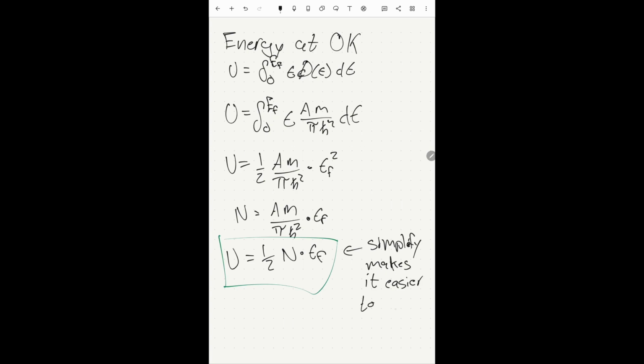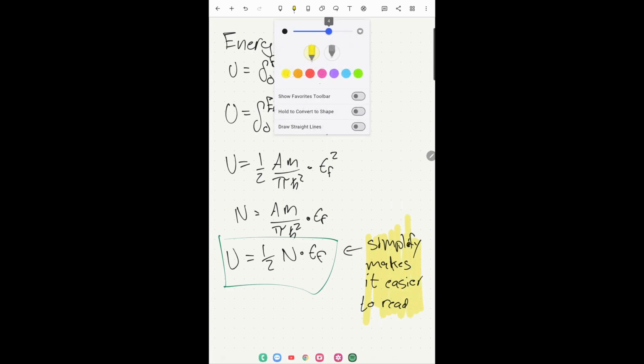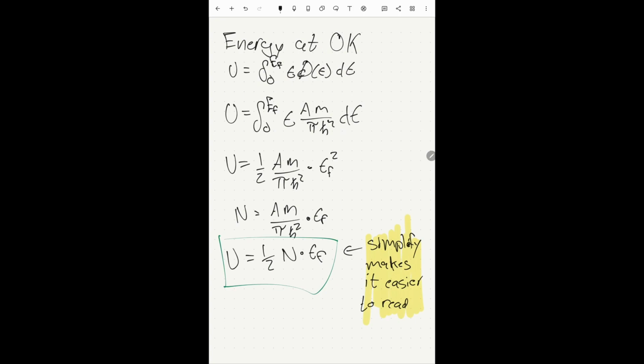So that may not seem like much, but if you get in the habit of making things easier to read, it will help you in the long run, because you will find out that a lot of textbooks, when they're talking about a 3D electron gas, and other people are talking about it, they'll simplify it, and a lot of times that means bringing this N term back inside their energies.